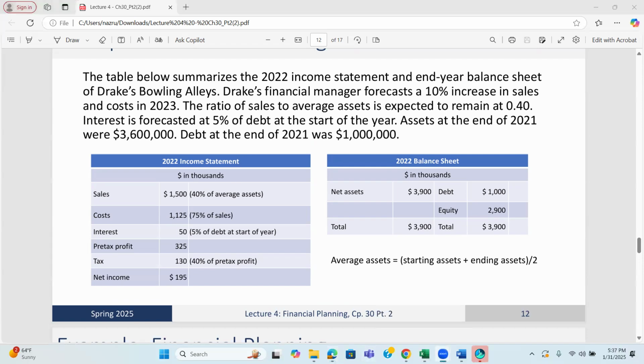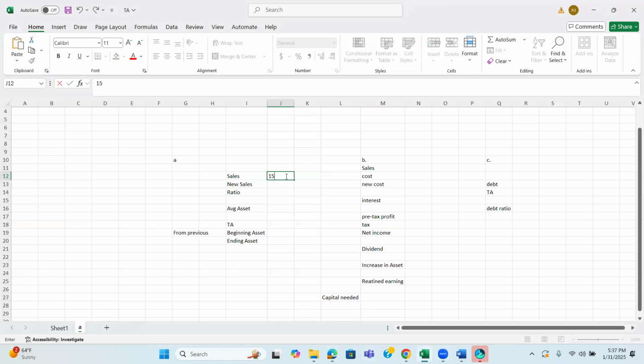So our sales is 1500, and there is a 10% increase in sales. So we just increase 10% here, thus we have our new sales value 1650, right? And the ratio is 40%, which is 0.4.